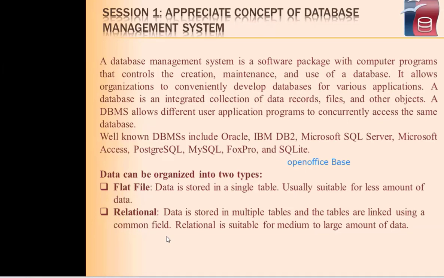Now this is going to be linked, because when we talk about students learning from different teachers, we are going to be linking up these tables. Students go to the library and issue books, so we will have to link up the library table with the students table. So these tables got linked with each other, and this concept is called a relational database management system. And this is suitable for a large amount of data.